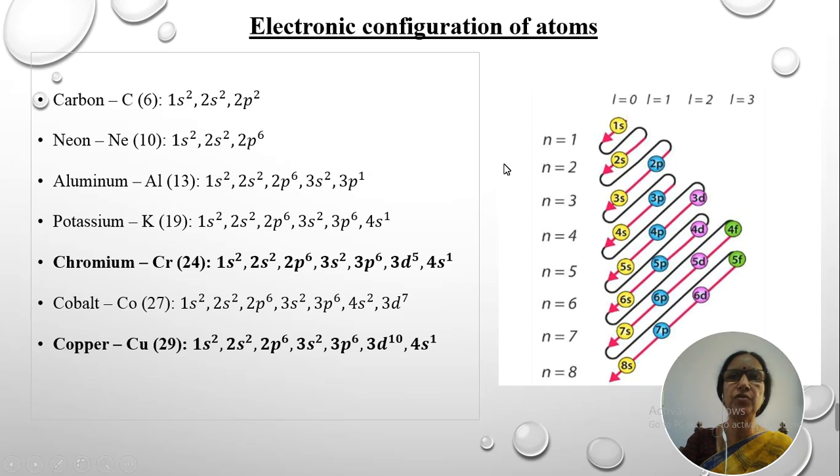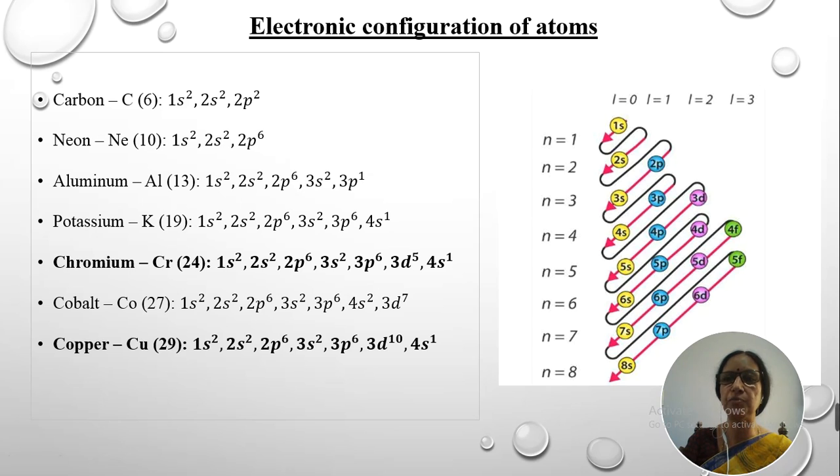Now I'll mention the electronic configuration of a few elements based on the Aufbau principle. Okay, so for carbon 6 we have written first 1s2, the two electrons, as the capacity of s is 2. Next two electrons will be accommodated in 2s2, and the next two electrons are left out, and that should be accommodated in the p subshell.